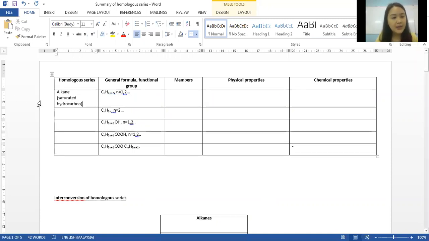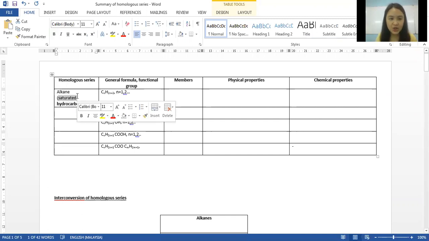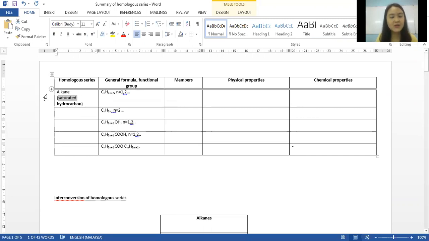The word hydrocarbon suggests that the members of alkanes are made up of hydrogen and carbon only. There are no other elements used to make up alkanes. Now, the word saturated suggests that all alkanes are bonded by single bonds between carbon atoms. So that is the first homologous series.